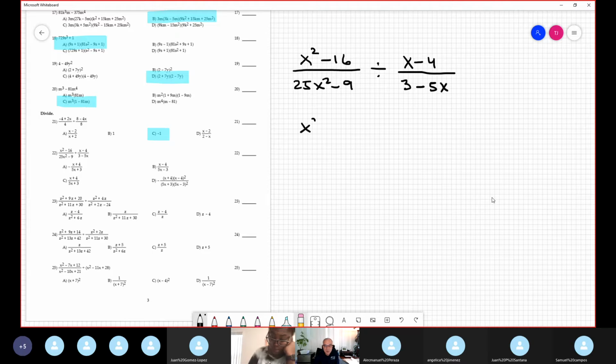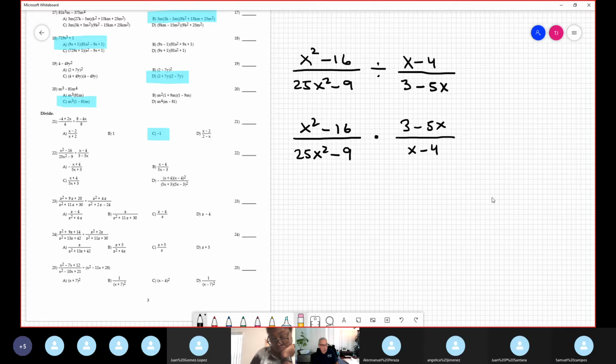Okay, the first thing I should do is obviously conversion, division to multiplication. I copy exactly the same. I put times now. No, I'm flipping that: 3 minus x over x minus 4.